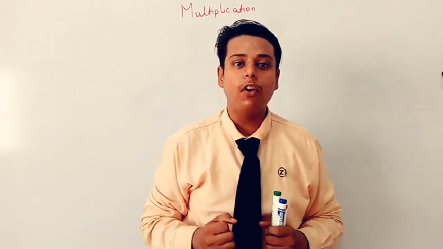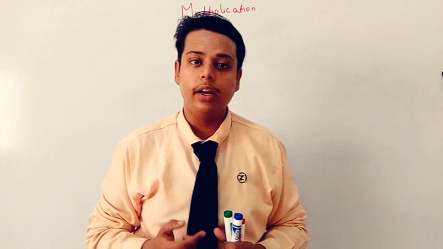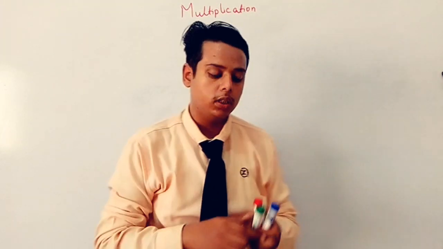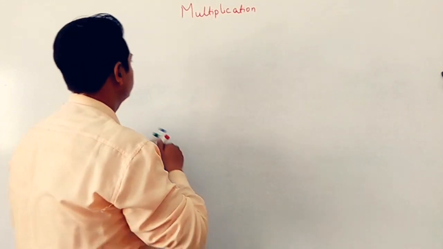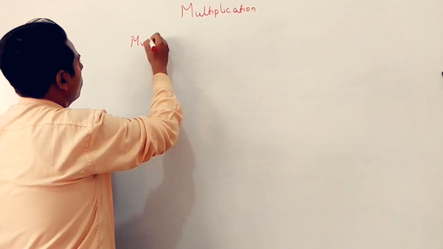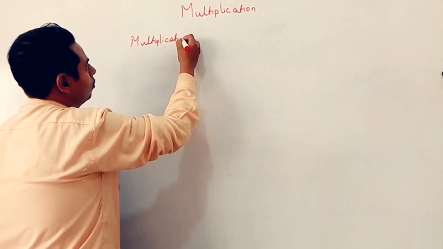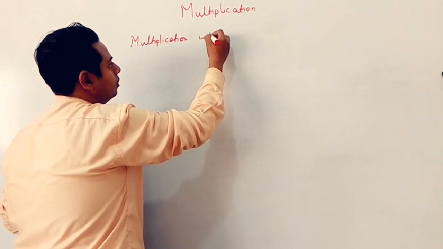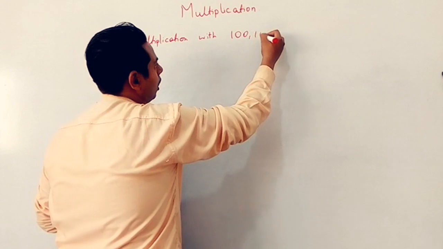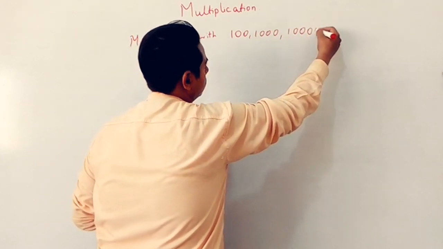Now first of all we will learn how we can multiply any number with 100, 1000 and 10,000. Okay, first of all, multiplication with 100, 1000 and 10,000.